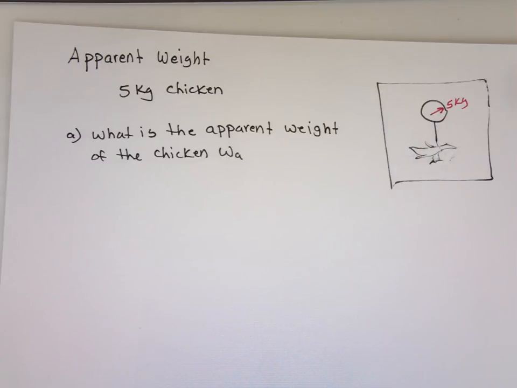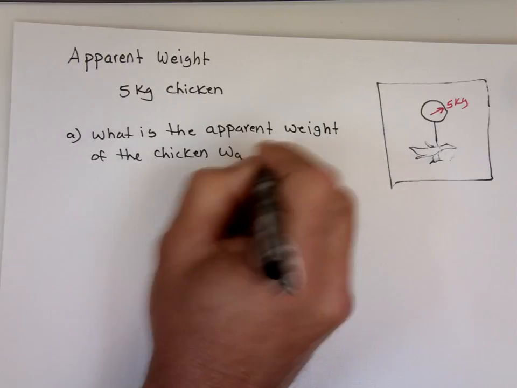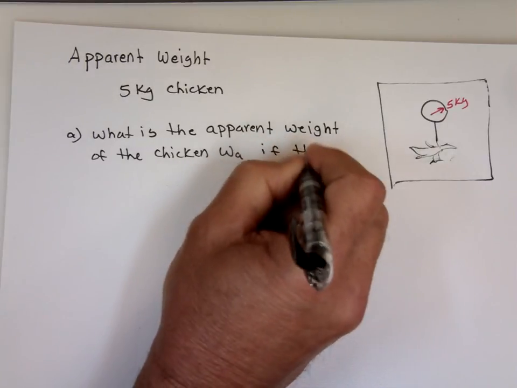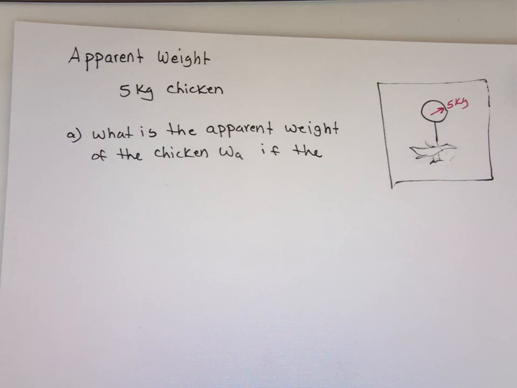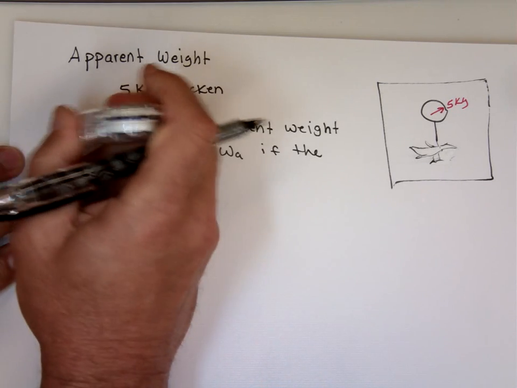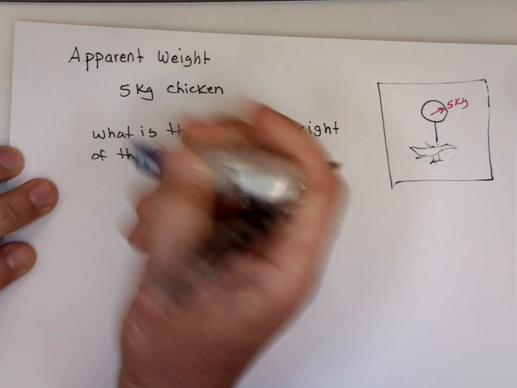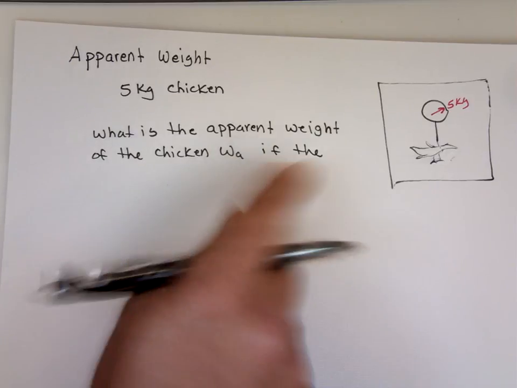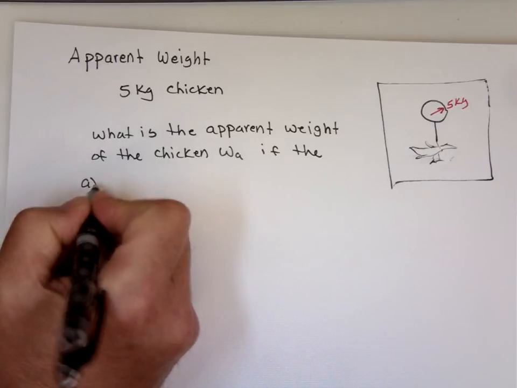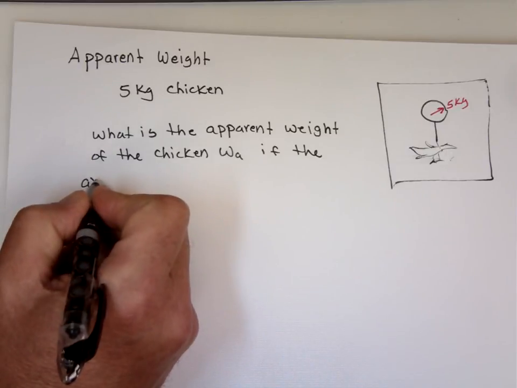What is the apparent weight of the chicken if, part A, the elevator is at rest?